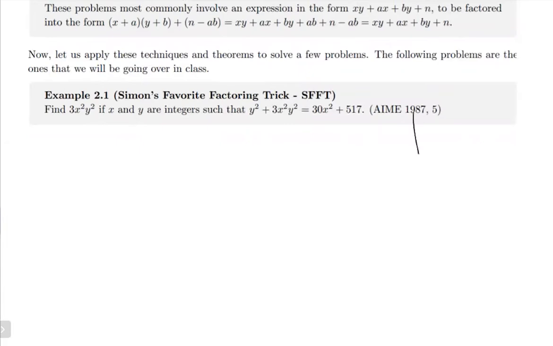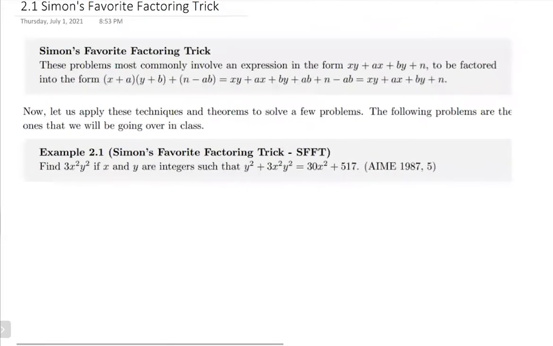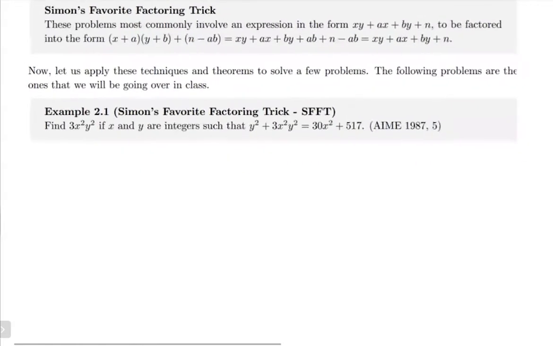At first glance, it might not seem that this problem requires Simon's favorite factoring trick, because it doesn't look like the expression above. But you'll notice that with a simple substitution, we can let a equal x squared and y equal y squared, right? So it doesn't have to be x and y specifically. It just has to be some expression in that form.